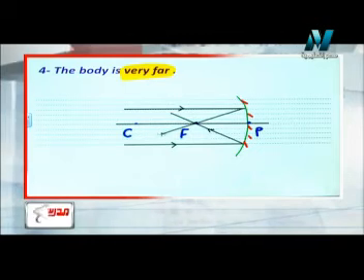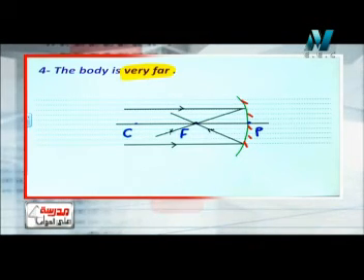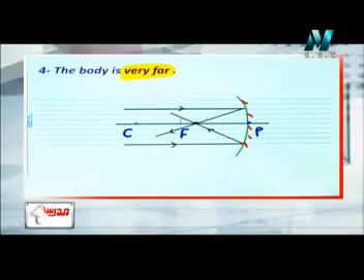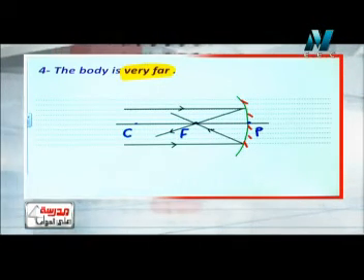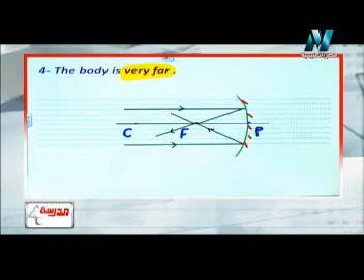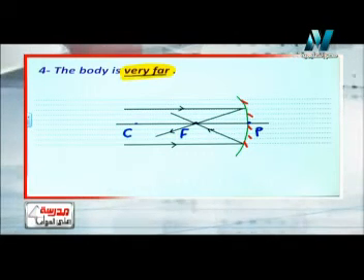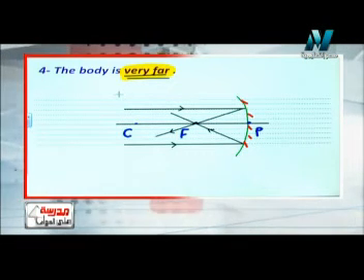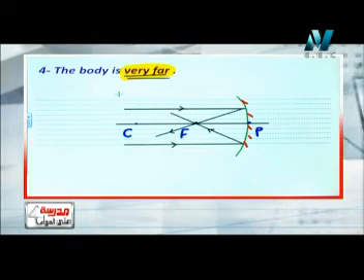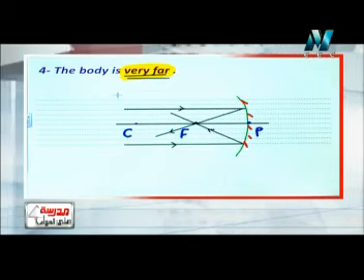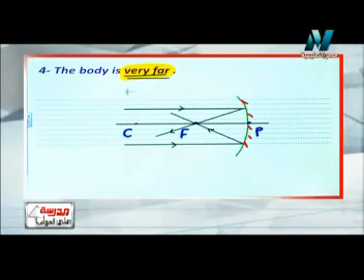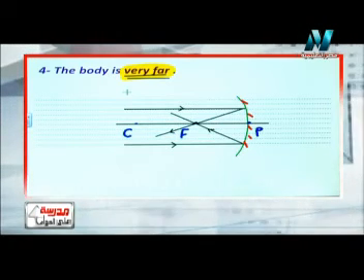So can anybody in front of the TV screen tell me the size of the image? The object is very far, like the sun. The sun in this case is a spot.